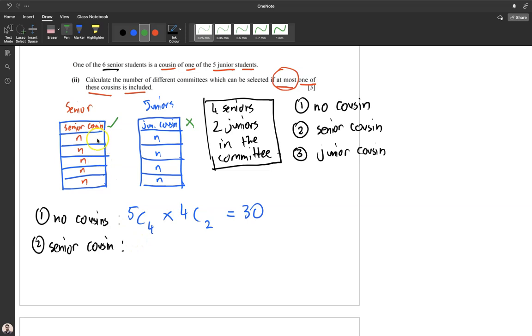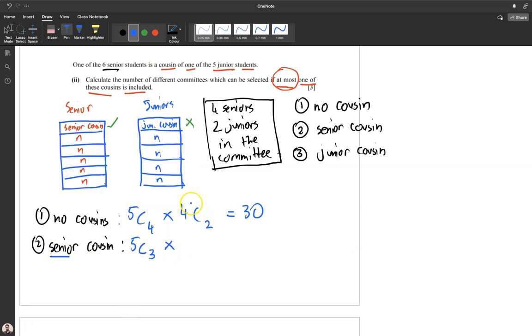I have 5 people left. Do I still need to choose 4? No, because I've already chosen the senior cousin. So I need to choose only 3 more. Therefore, in total it makes 4.